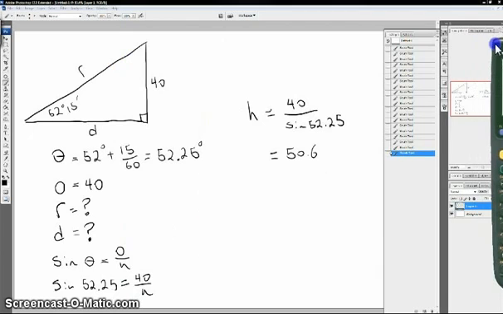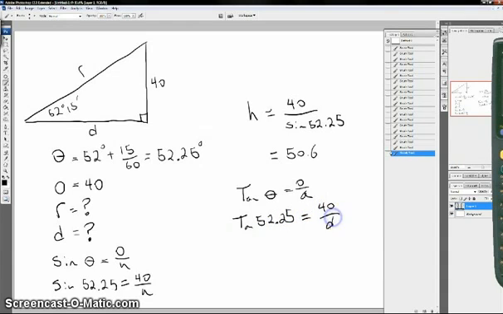I can also find d, or the adjacent side, by using tangent. The tangent of theta is equal to the opposite over the adjacent. So the tangent of 52.25 is equal to 40 over d, and then d is equal to 40 divided by the tangent of 52.25.